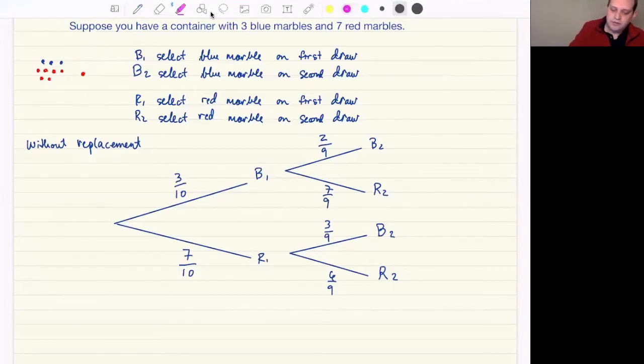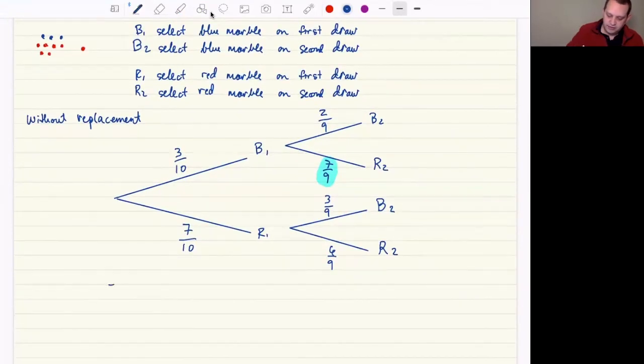Let's just think about one of these numbers, say 7/9, and what that number actually represents. I'd encourage you to pause for just a second and think about what that 7/9 represents. It represents the probability that the second draw will be red, given that the first was blue.